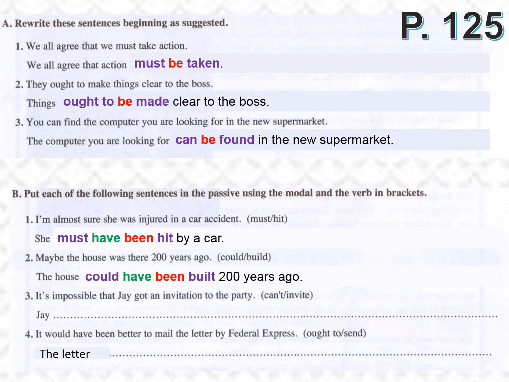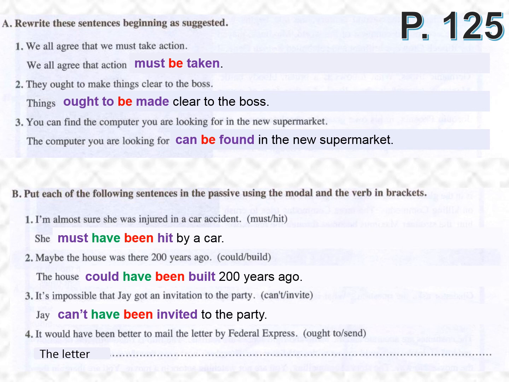Number 3, it's impossible that Jay got an invitation to the party. The modal is can't and the verb is invite. So can't have been plus invited, because it's a regular verb. So Jay can't have been invited to the party.